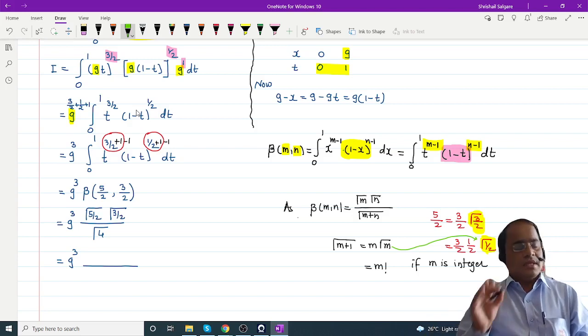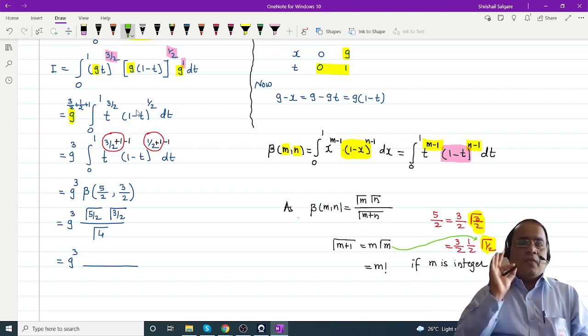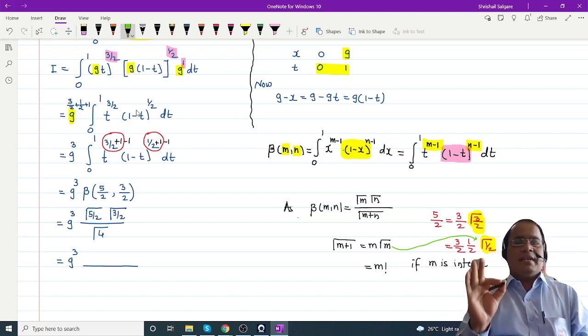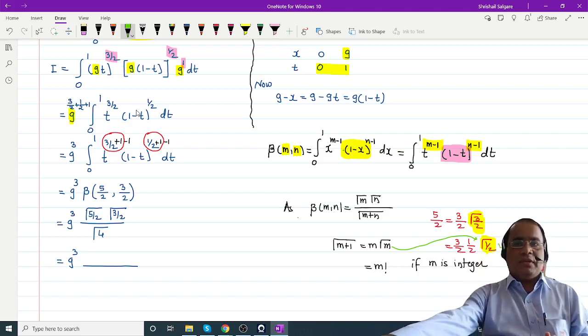Minus 1 by 2. Yes, that is the answer. When you are getting that number as negative, you have to stop. Don't apply that property if, when you reduce the parameter, you get a negative number.